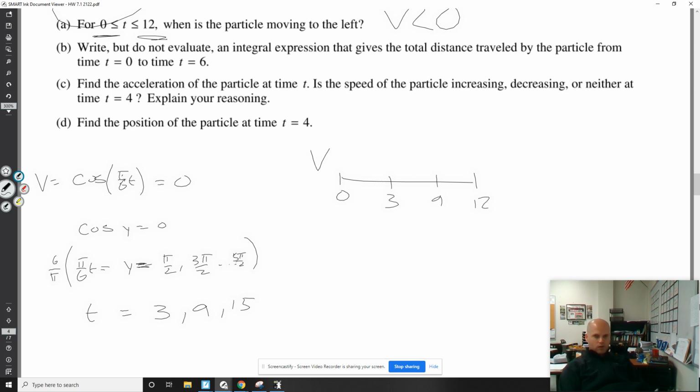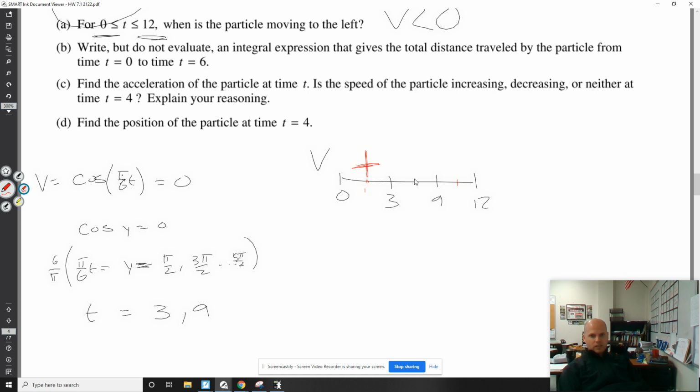This is the graph of the signs of my velocity. We're doing a sign analysis. We are going to plug in test points. It's probably easiest to start not all the way to the right, but to start at like 1. If I plug in 1 for t, the cosine of pi over 6, we're in the first quadrant, that's going to be positive.